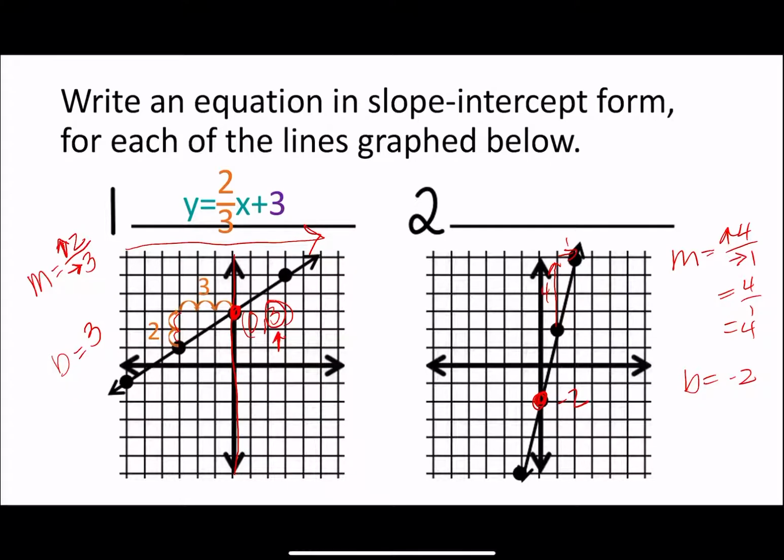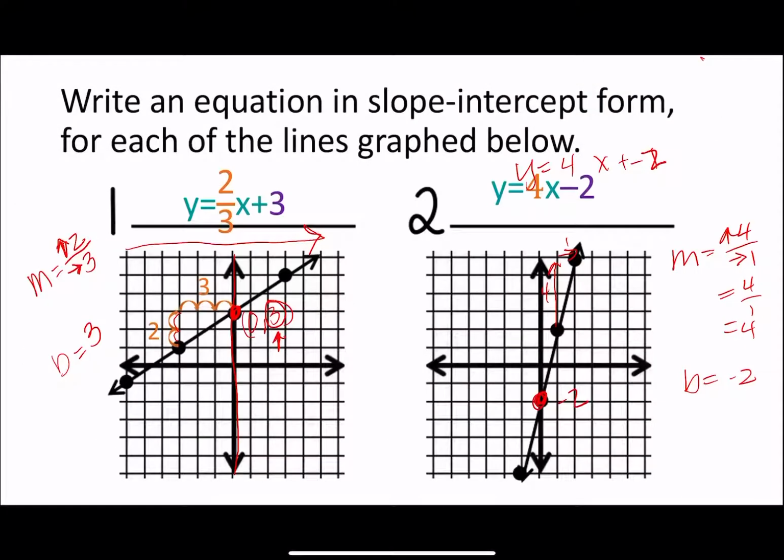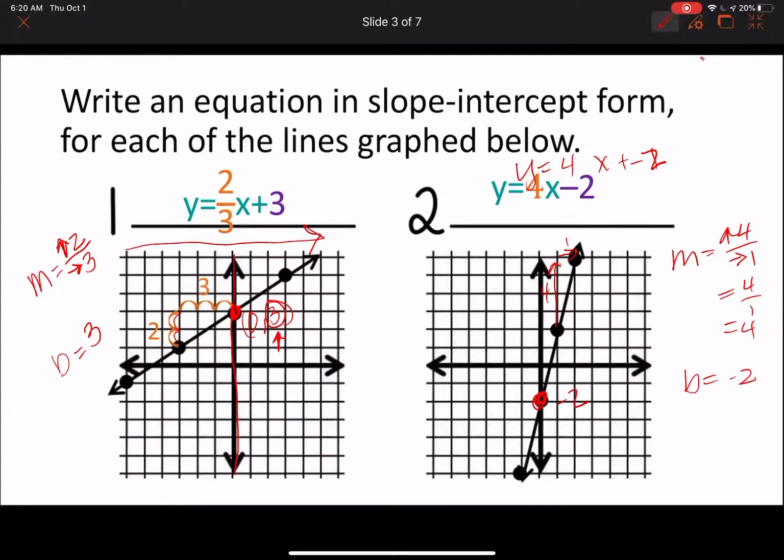So instead of saying y equals 4x plus minus 2, we don't say plus then minus. You know that what you're doing is actually just subtracting because you're adding a negative number. So you can just write y equals 4x minus 2. I'm going to erase that so you guys can see it a little bit.